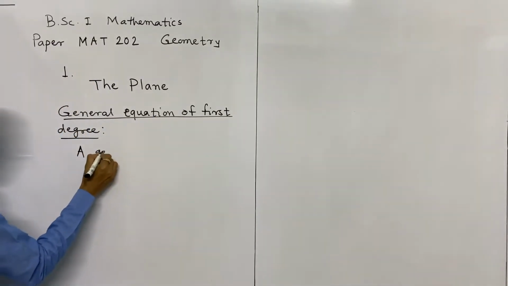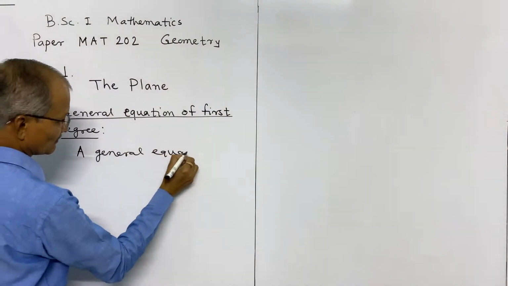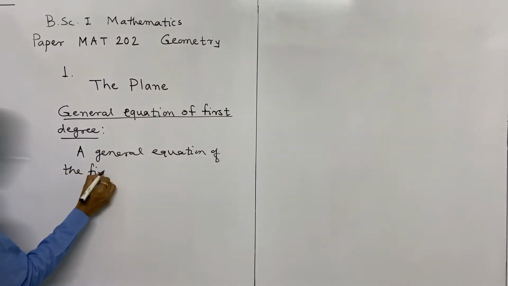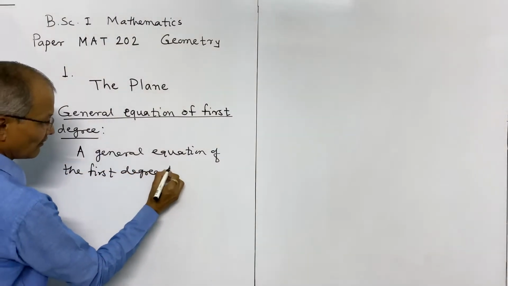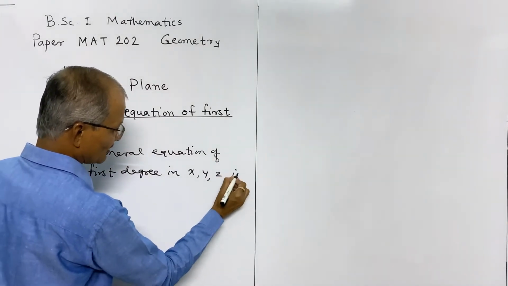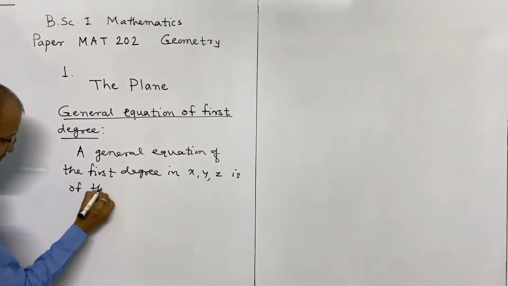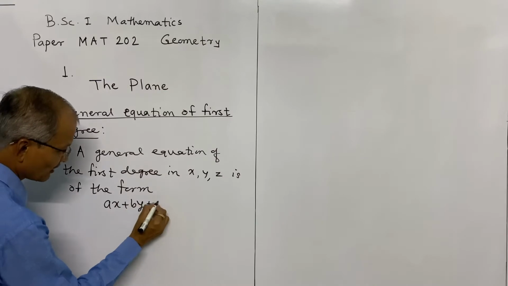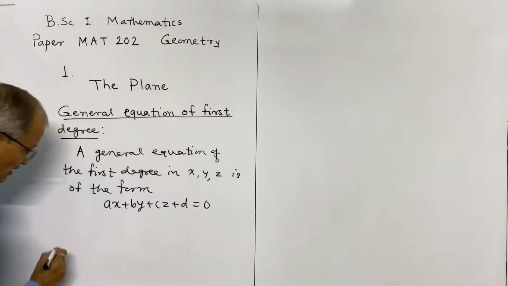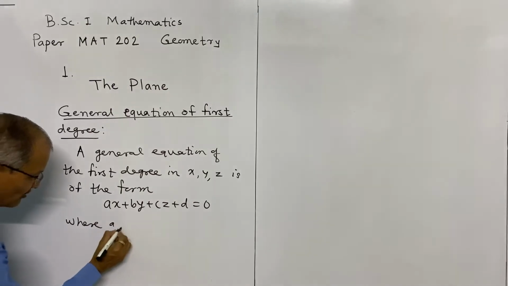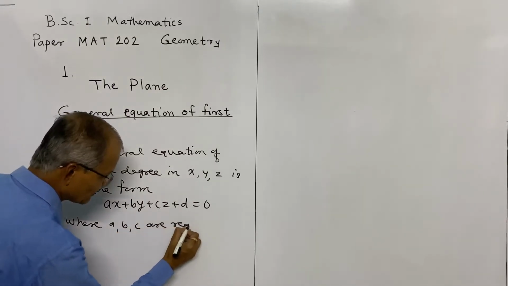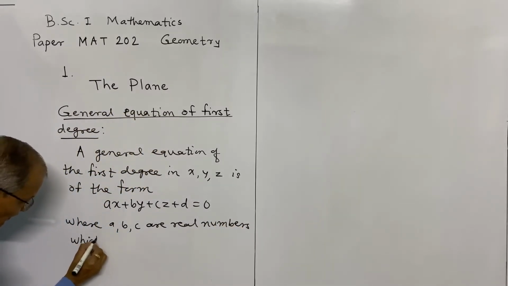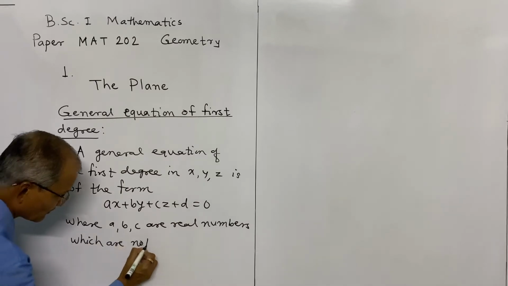So a general equation of first degree in variables x, y, z is of the form ax plus by plus cz plus d is equal to 0, where a, b, c are real numbers which are not all 0.